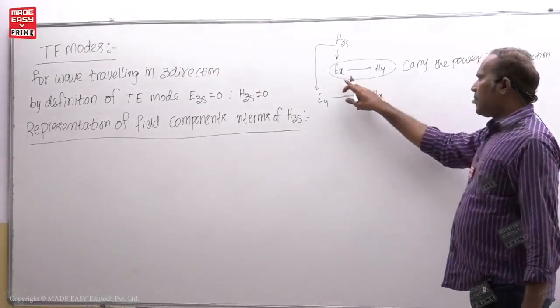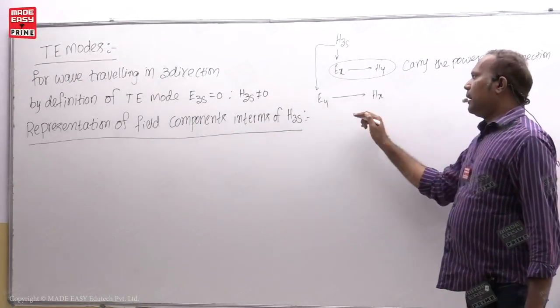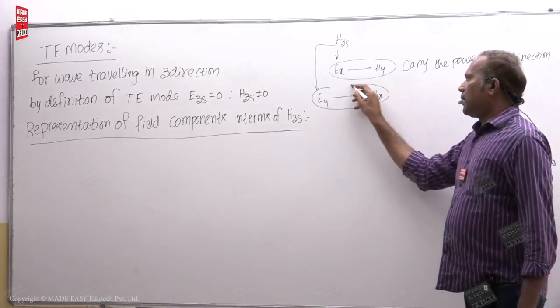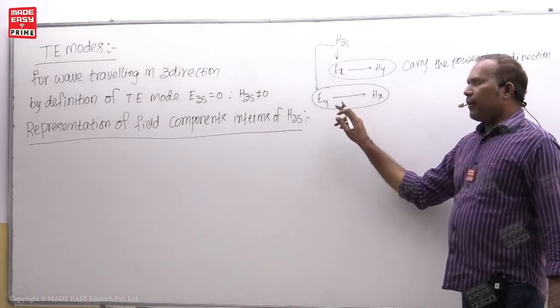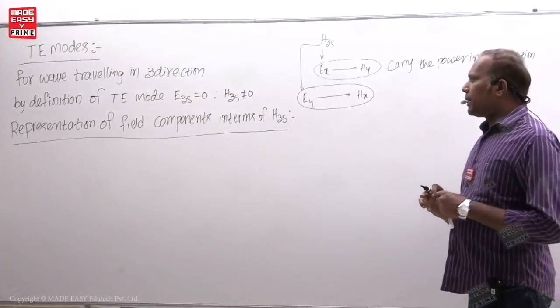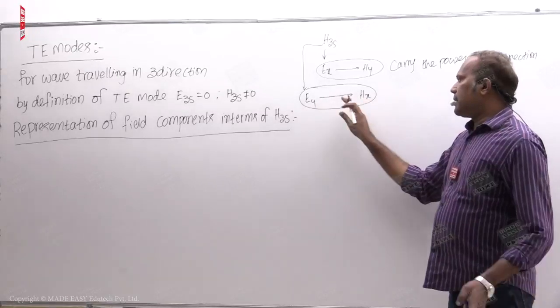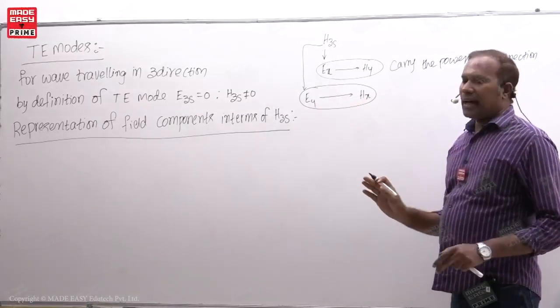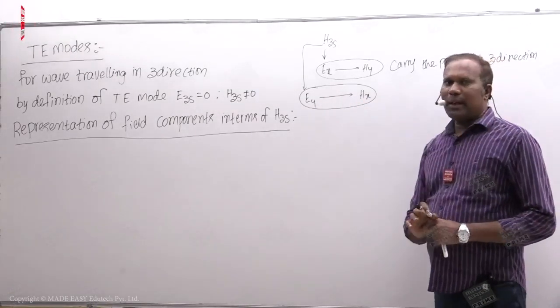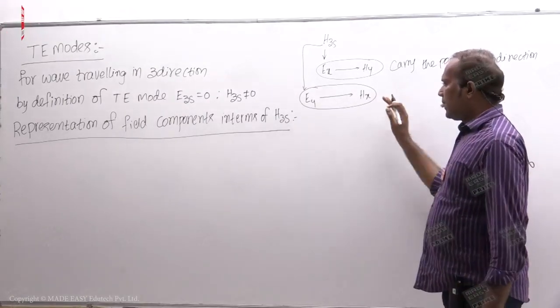Then the electric field x component and magnetic field y component carry the power in the z direction. Similarly, the electric field y component and magnetic field x component carry the power in the z direction. But in this case, Ey or Hx have opposite sign, so that again the Poynting vector direction becomes az only. Anyway, we will discuss this later on.